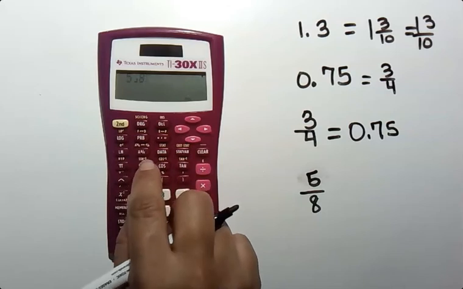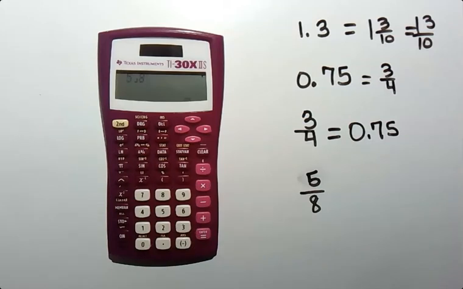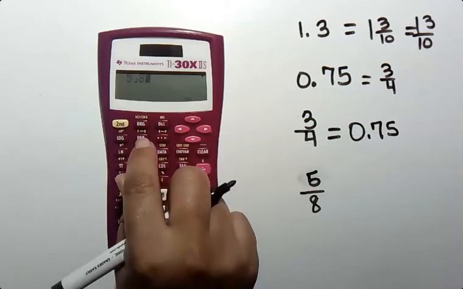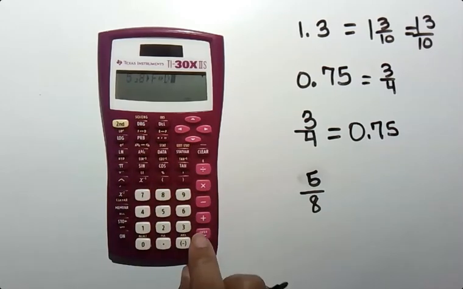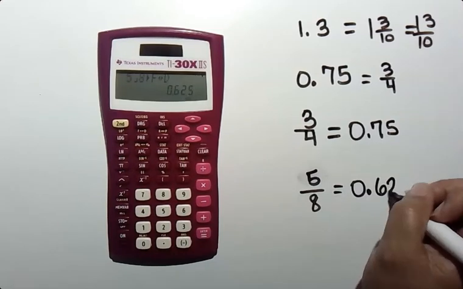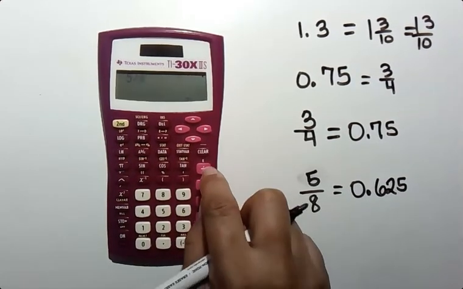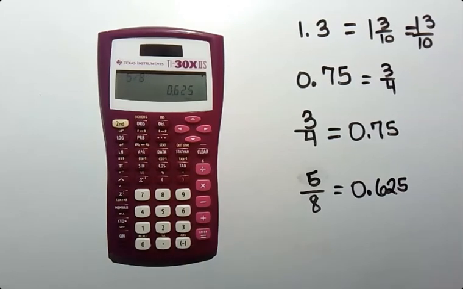That's how the calculator knows that you're giving it a fraction, this ABC button. So that's the 5/8. And then I use that same button and it'll switch it out to the decimal. Or I could have just did 5 divided by 8 and it would have given me the decimal.